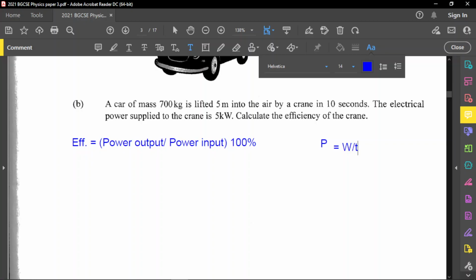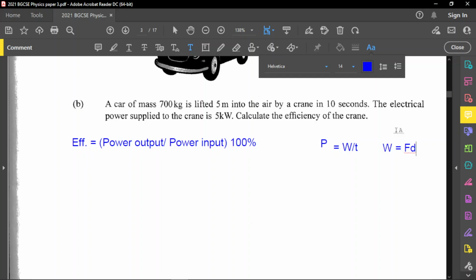Also, it could be energy over time as well, which is change of energy over time. Also, the formula for work: work is equal to force times distance. So we have those 3 possible formulas that we're going to use in this question.